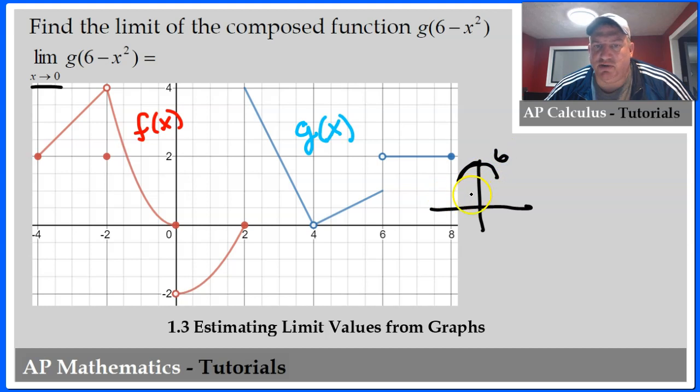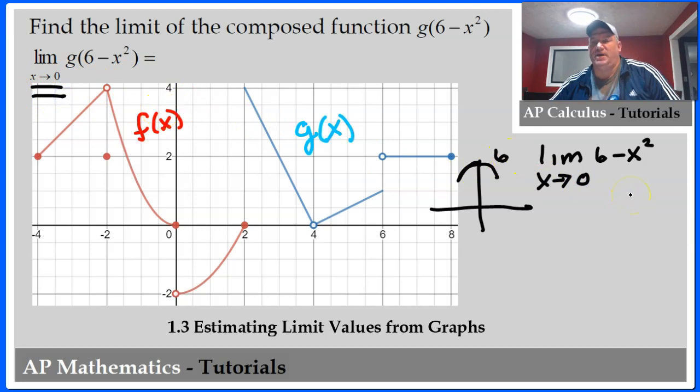As we approach 0, we're doing the same thing. We're going to look at the limit of our 6 minus x squared as x approaches 0 from both left and right, because our general limit is the question we're asked up here. The limit of 6 minus x squared as x approaches 0 clearly looks like it's going to be 6.